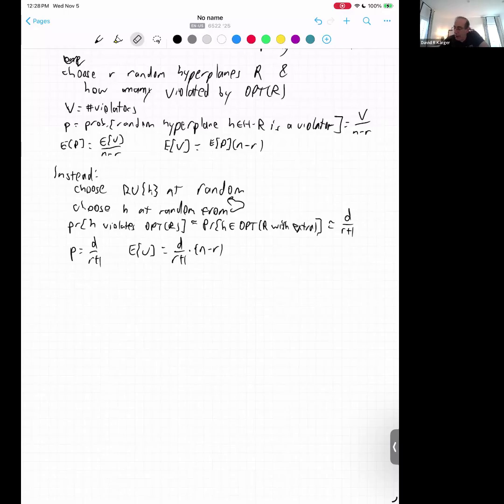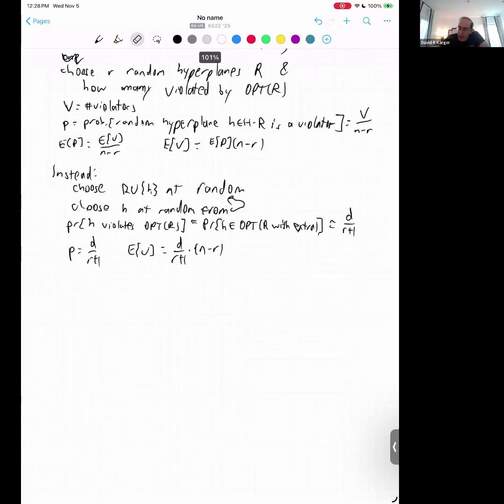Let's continue on our narrative around faster linear programming algorithms. The next idea that progressed here is something called hidden dimension, which was developed by Seidel and Welzl. Sorry, the one problem with this app is that it's really bad at erasing.